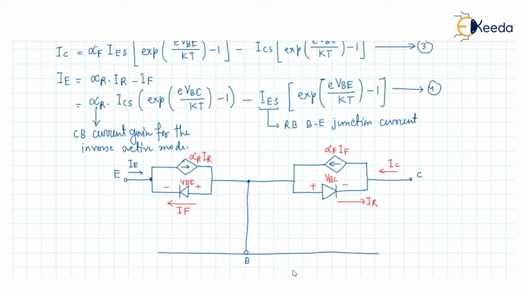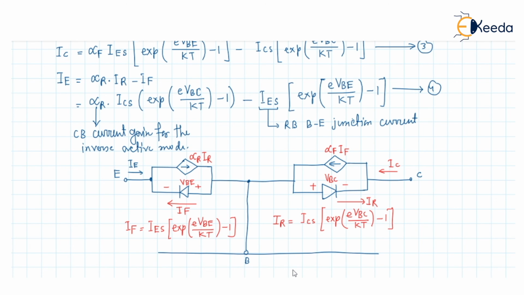The current equation for IR is ICS into exponential of e VBC divided by KT minus 1, and the forward current IF is IES into exponential of e VBE divided by KT minus 1.